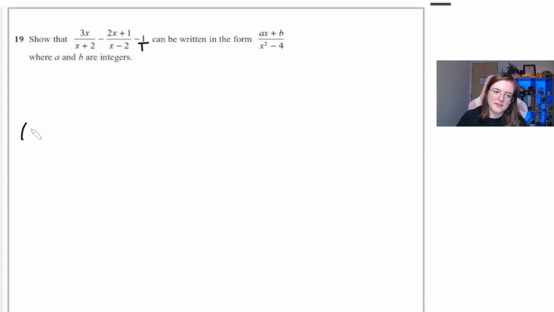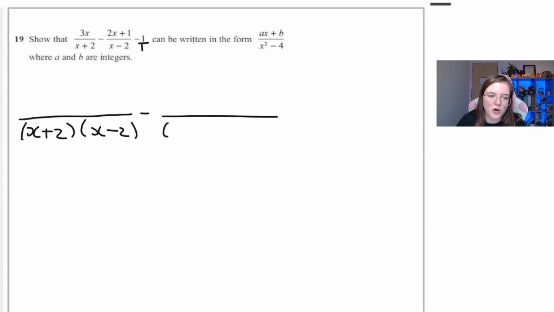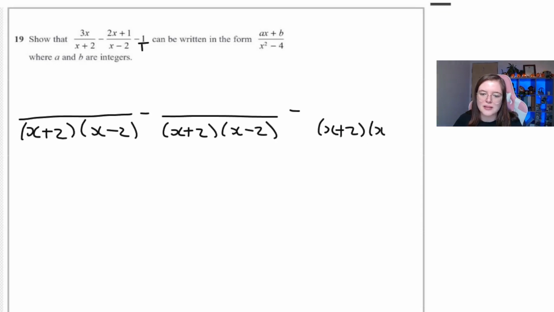So I'm going to times x plus 2 by x minus 2 times 1. But that's not going to change anything, is it? So I'm going to leave it as it is. And that is going to become the denominator for all of my fractions. And I'm going to have 3 of them, including that 1 on the end. x plus 2, x minus 2.